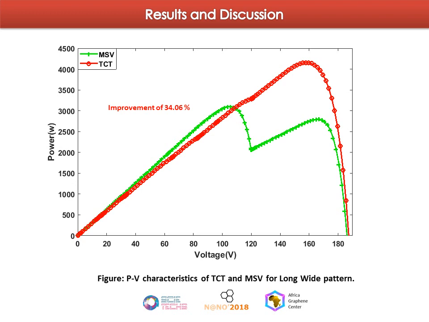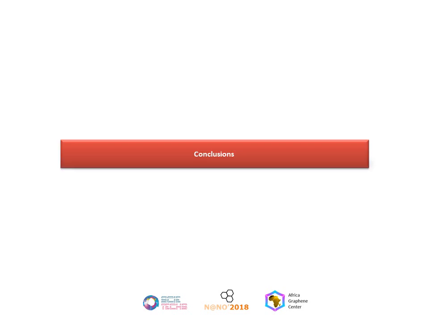As seen from the figure, the power generated by the magic square view arrangement is higher compared to the total cross tied arrangement. The conclusion is that the magic square view configuration, as a one-time arrangement for the PV modules in the array, demonstrates improvements in PV power generation under partial shading conditions.